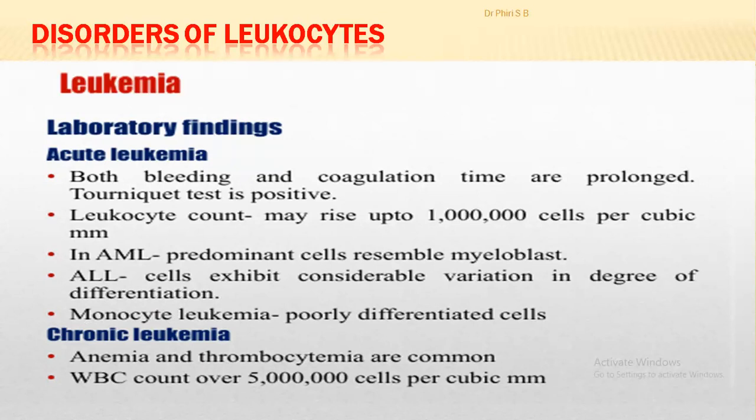This is a chronic case of leukemia. There is a white blood cell count of over 5 million cells per cubic millimeter. Since it's chronic, there's ample time for it to produce a lot of cells. So both in chronic and acute, you have an increase in white blood cells. So this is the cancer of the blood.